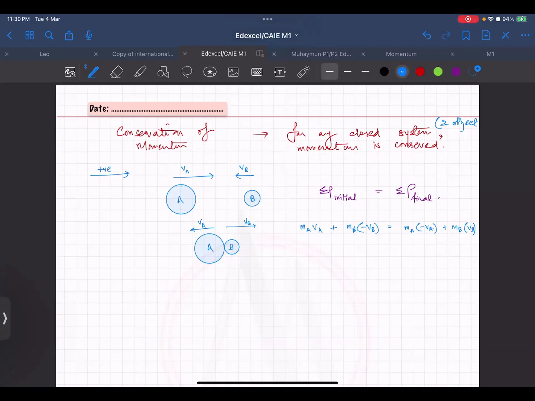Let's now use some values. Let's suppose your mass A is 2 kg, your mass B is 0.5 kg, and velocity of A is 3 meters per second. This is the speed.